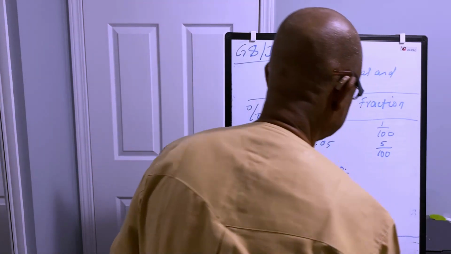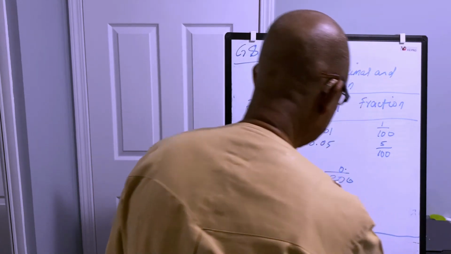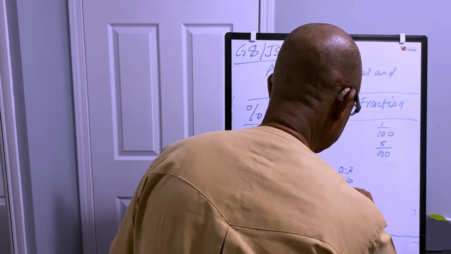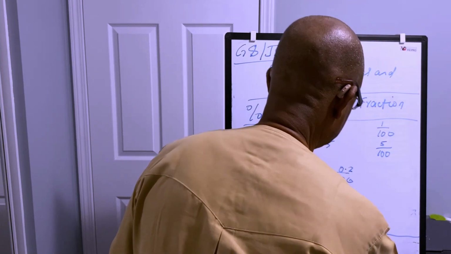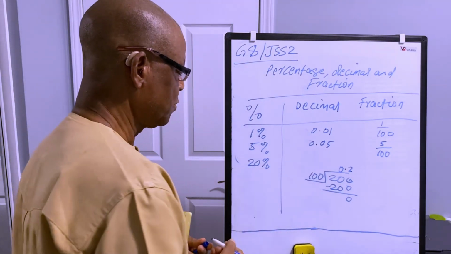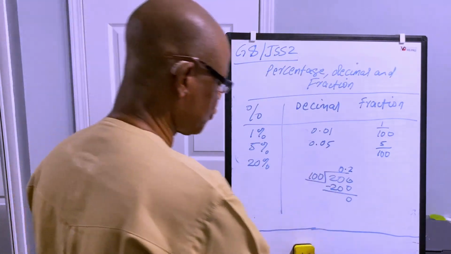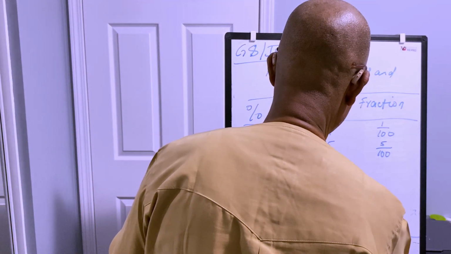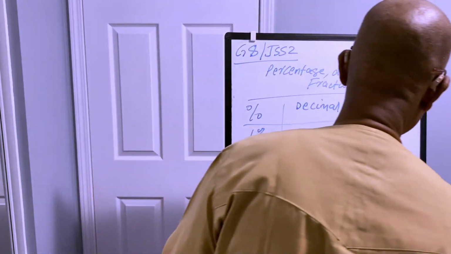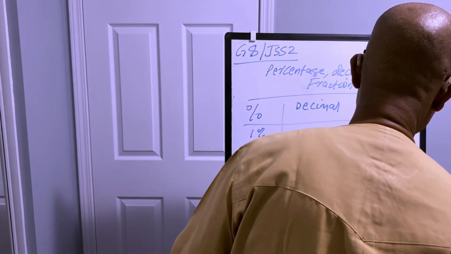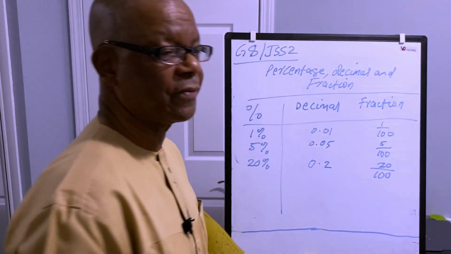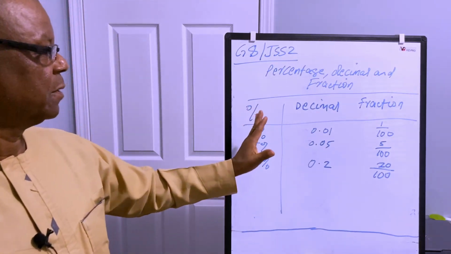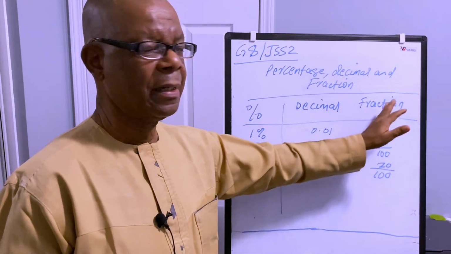You have to have 0 point and add 0 here. 200 divided by 100 is 2. 2 times 100 is 200. 200 minus 200 is 0. Therefore, 20% is 0.2. That's a decimal fraction. An ordinary fraction is 20 over 100. We may not bother to simplify. That is the percentage, the decimal, and the fraction.